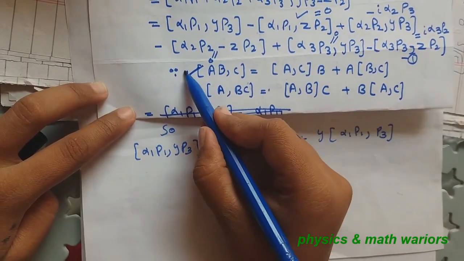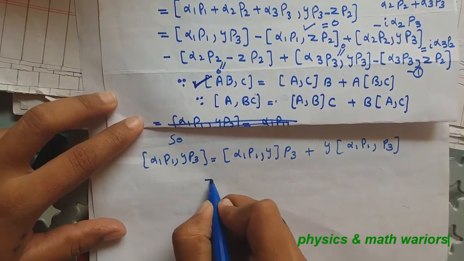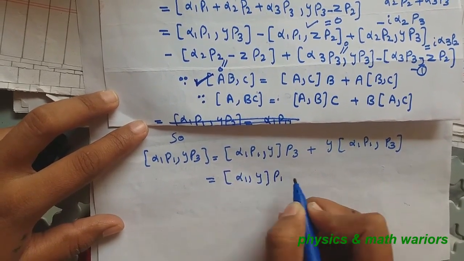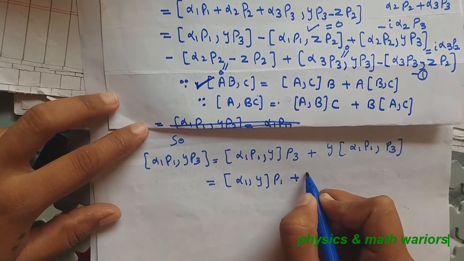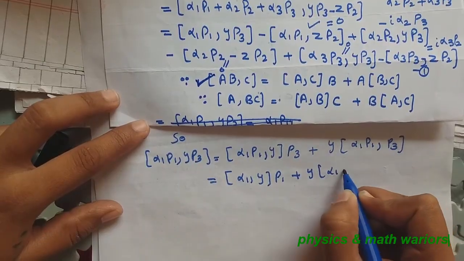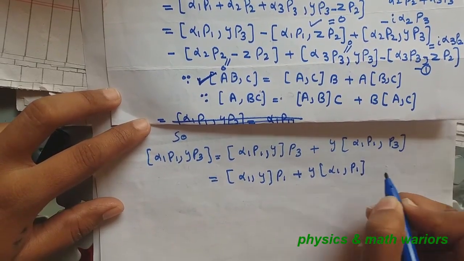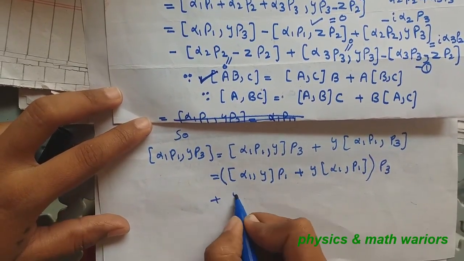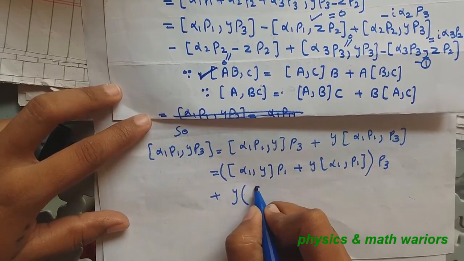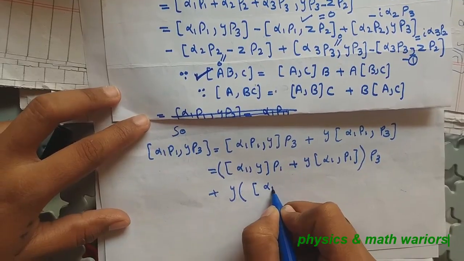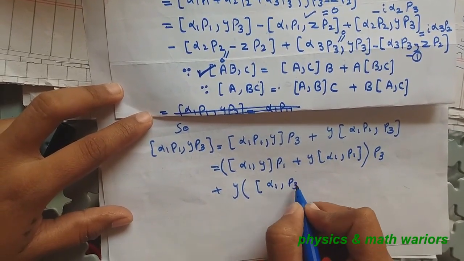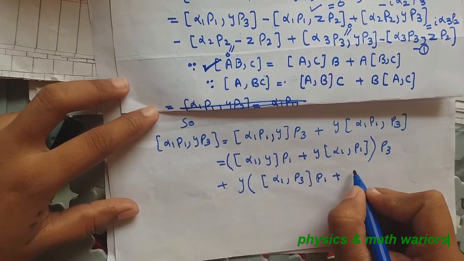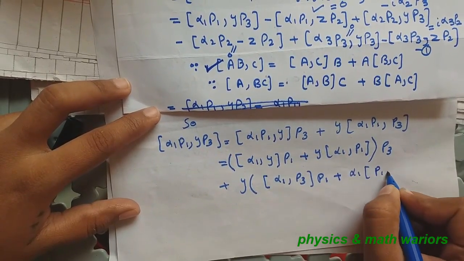Again using this commutator relation, it is equal to the commutator of alpha 1 and Y times P1, plus Y times the commutator of alpha 1 and P3 times P1, plus alpha 1 times the commutator of P1 and P3.